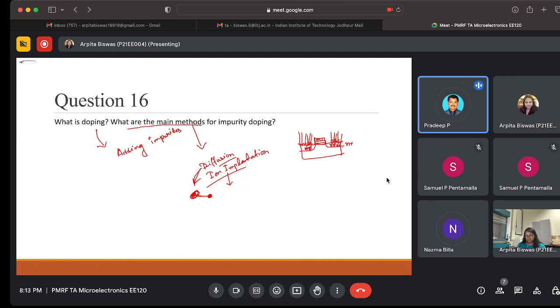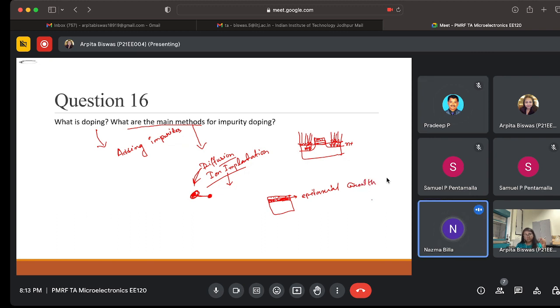So there is one layer present, then we are growing another layer, then some different layer. Can we tell it is epitaxial growth? Yes, ma'am. So layer by layer we are depositing something, so it can be called epitaxial growth.